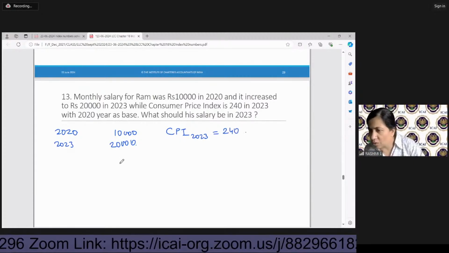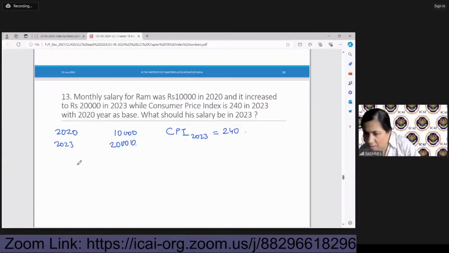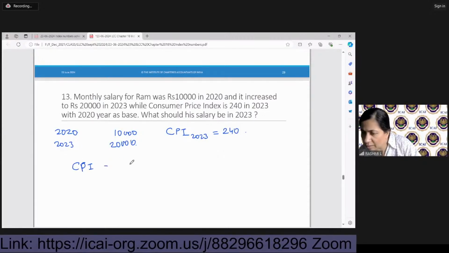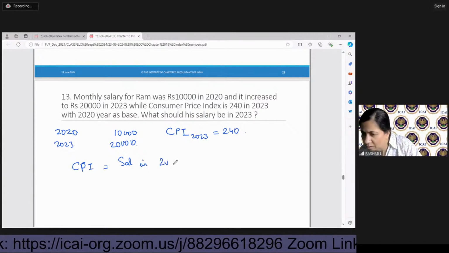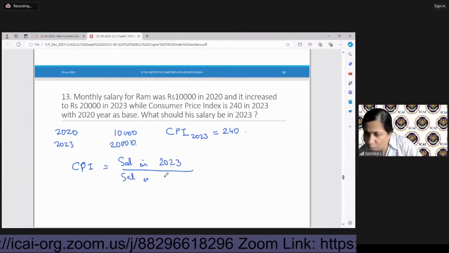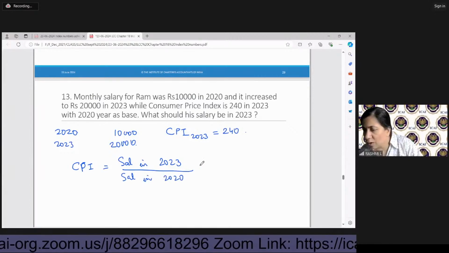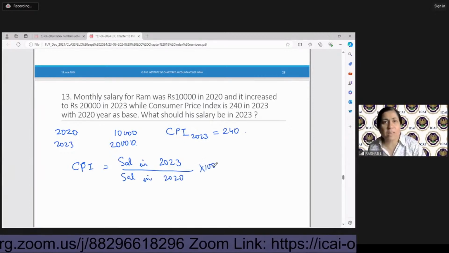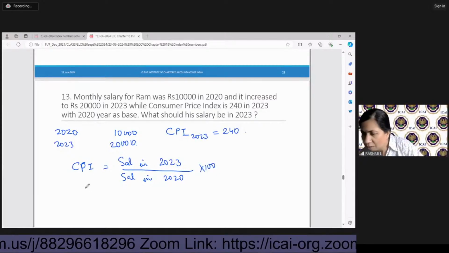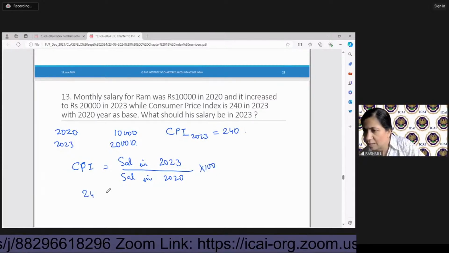So CPI will be equal to salary in 2023 upon salary in 2020 into 100, right? We are comparing the two. But CPI given to me is how much? 240.